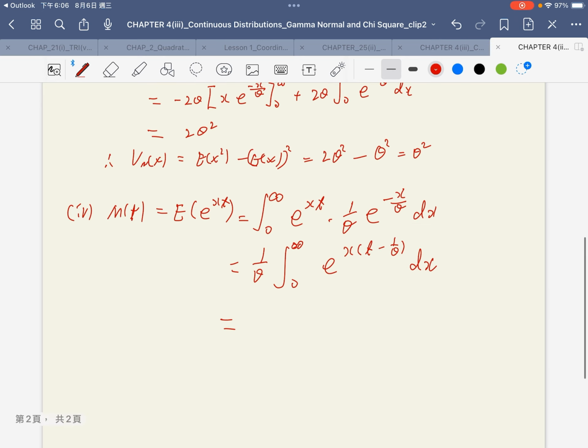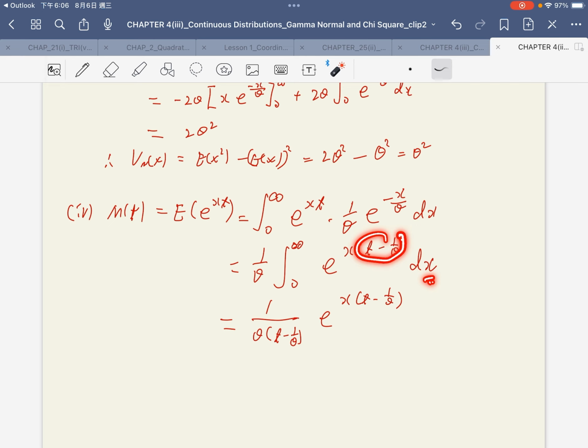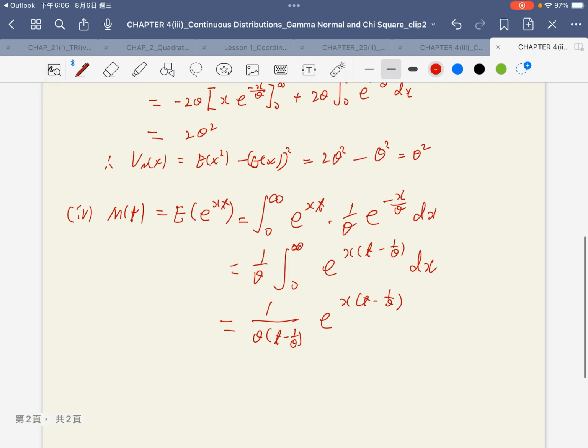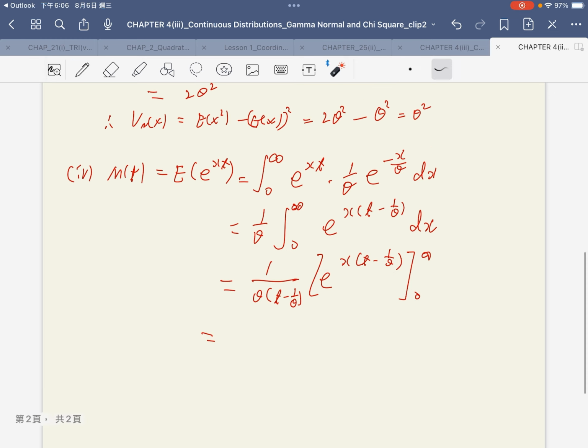Integrate this one, and that becomes the denominator, because this part is constant with respect to x. Putting infinity in, there is a criterion that t should be less than 1 over theta, so this must be negative.